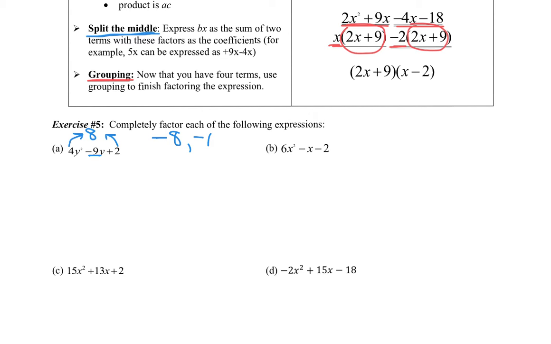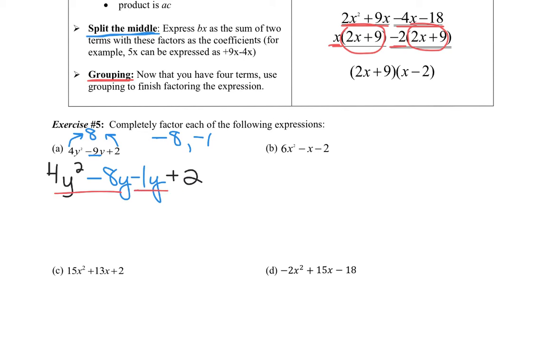And I'm going to split it up into negative 8y minus 1y. So the 4y squared stays the same on the outside. In the middle, I'm going to write negative 8y minus 1y. Not changing the value of my expression, just splitting that middle. And now I'm set up for the grouping.